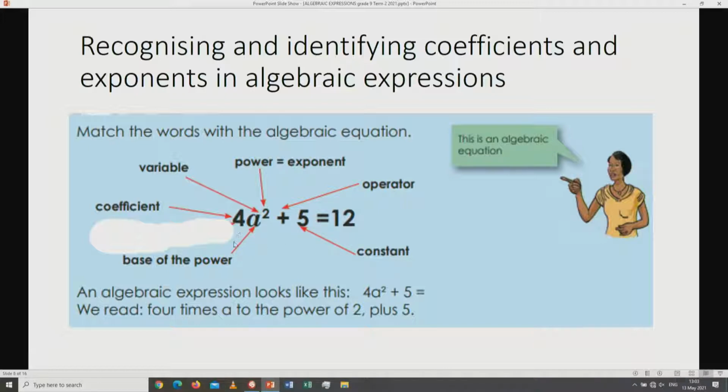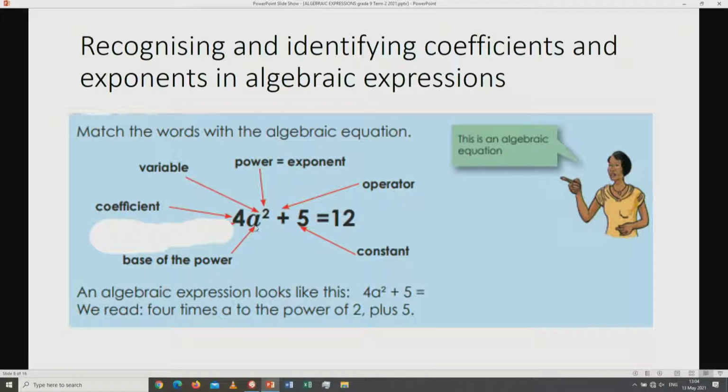In this case, very importantly, the number next to the variable here, which is a, we call a coefficient. And then the variable in this case is a. So in this case, a squared, a is the base of that particular exponent, the base of the power, and the power here is 2. Can you see that?